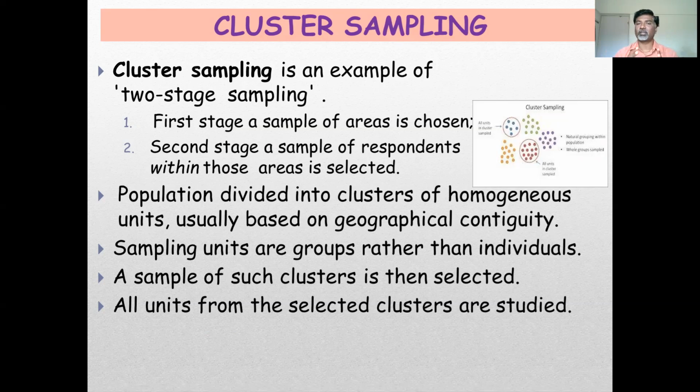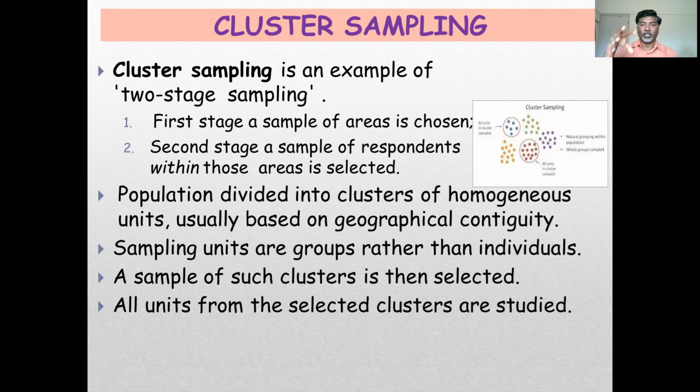The population is divided into clusters of homogeneous units, usually based on geographical categories or contingency. Sampling units are grouped rather than individuals. Here, the sampling units are groups that may or may not be of homogeneous type. A sample of such clusters is then selected, and all units from the selected clusters are studied.